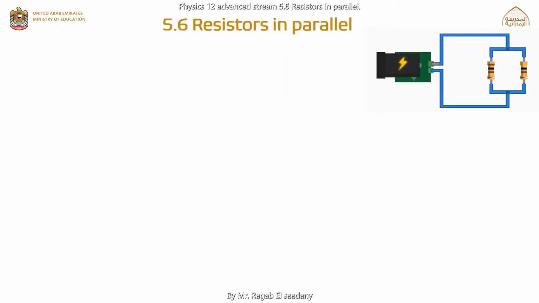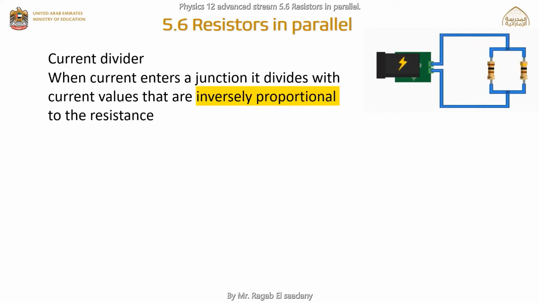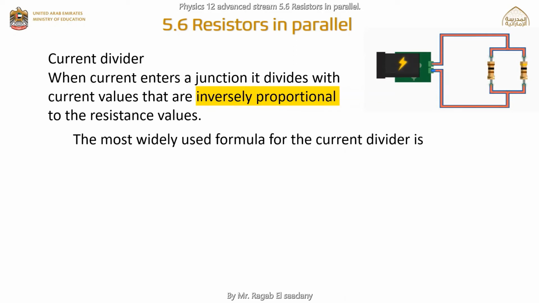Now let's talk about current divider. When current enters a junction, it divides with the current values that are inversely proportional to the resistance values. The most widely used formula for the current divider is the two resistors equation.